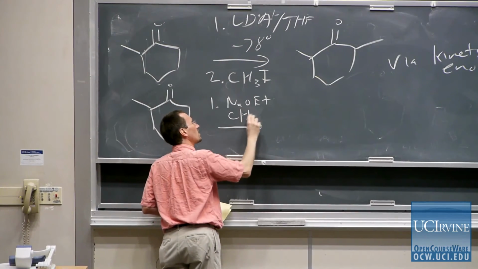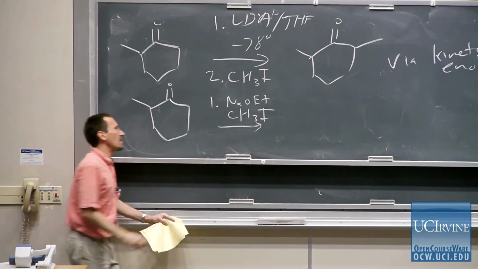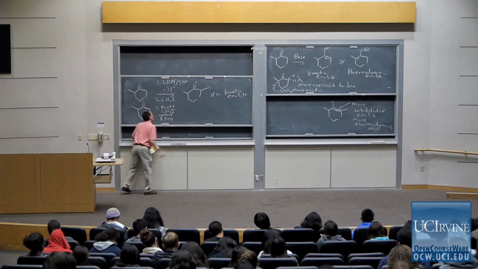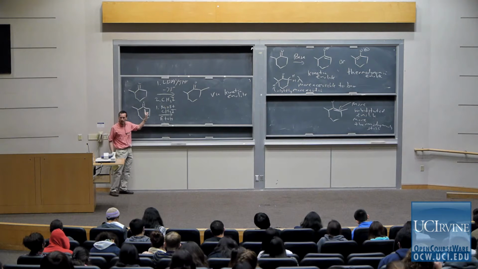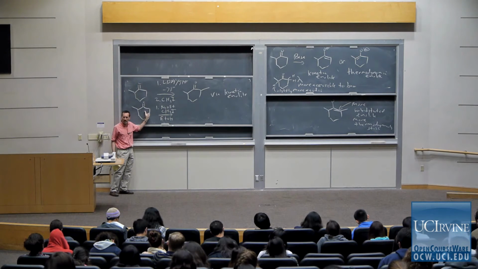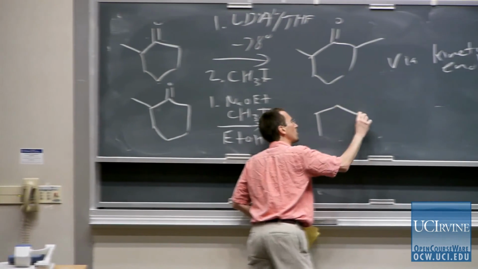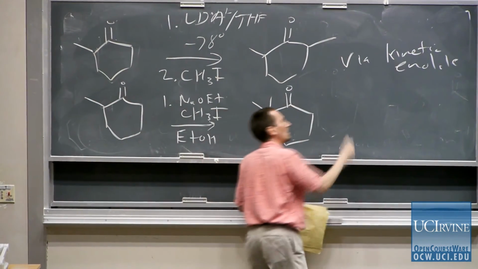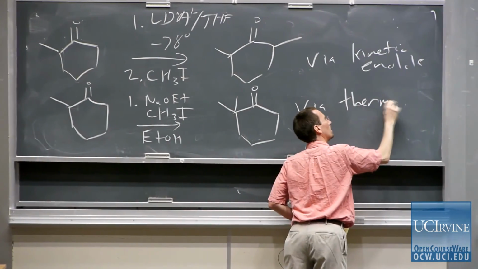And basically, the way I will write this is to mix sodium ethoxide, methyl iodide in ethanol. Then, because we're under conditions where we're thermodynamically equilibrating our enolates, your predominant product, your main product, is going to be the 2,2-dimethyl cyclohexanone via the thermodynamic enolate.